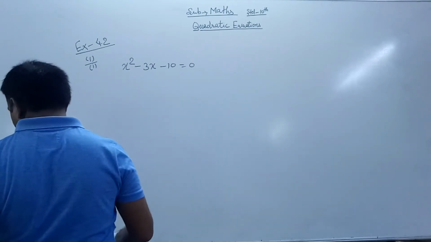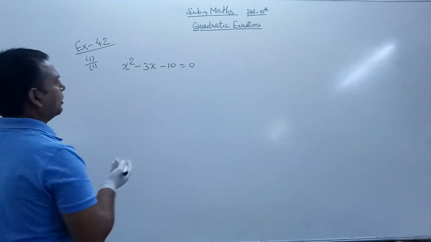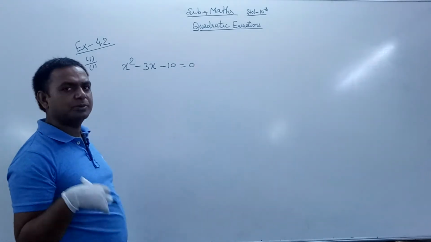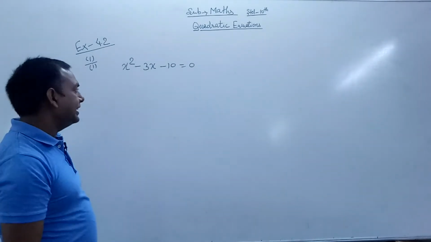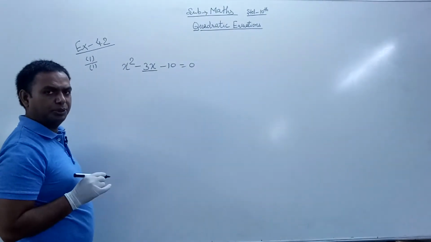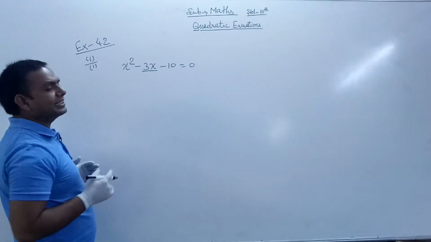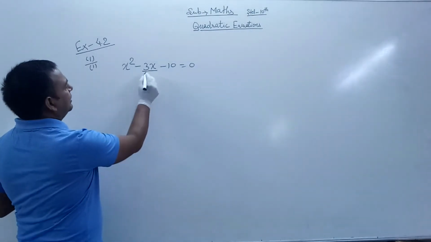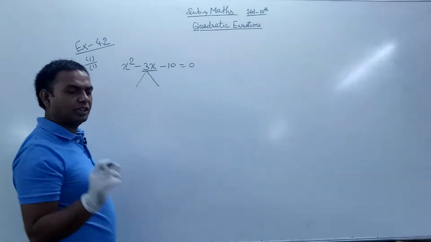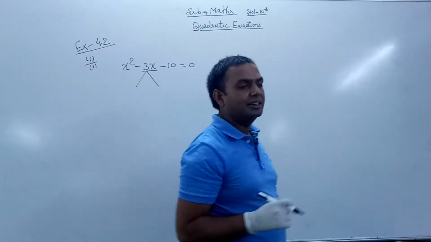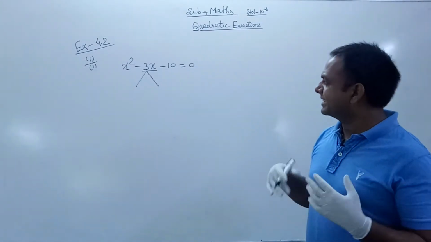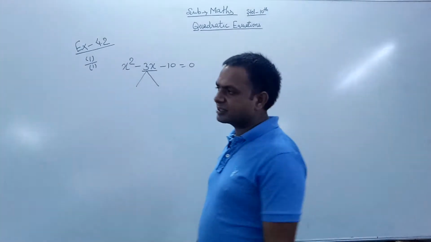Then you apply the method of factorization, solve this quadratic equation and find the roots, meaning the values of x. Here in the middle term we have minus 3x. You divide minus 3x into two parts, such that their sum is minus 3x and their product is minus 10x square.